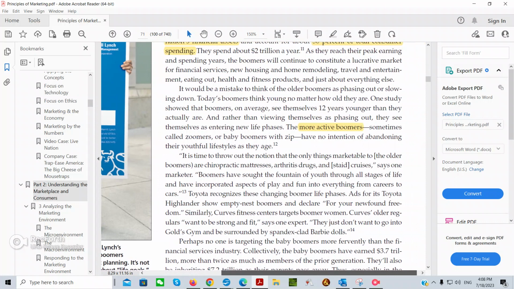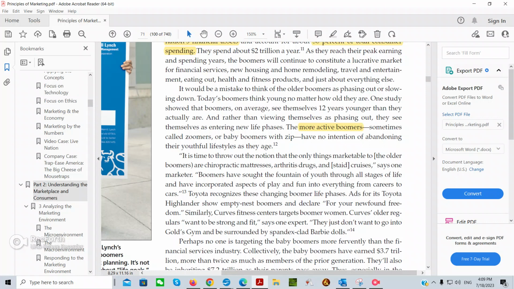It's time to throw out the notion that the only things marketable to the older boomers are chiropractic mattresses, arthritis drugs, and staid cruises, says one marketer. He goes on to say that boomers have sought the fountain of youth through all stages of life and have incorporated aspects of play and fun into everything from careers to cars.